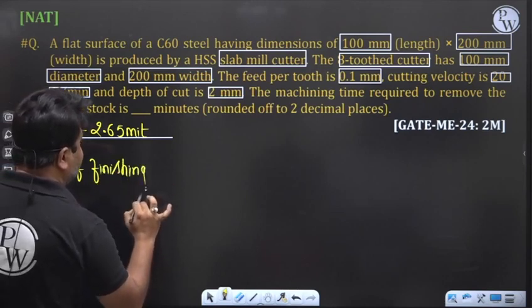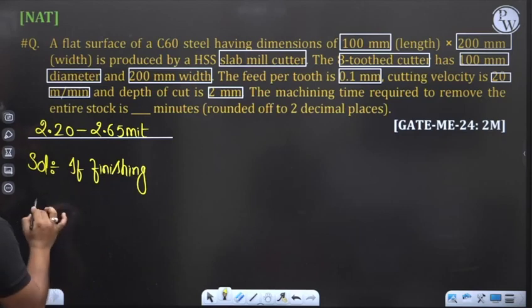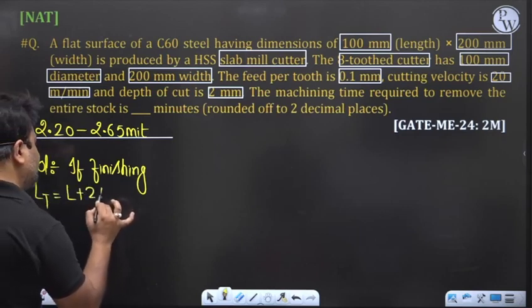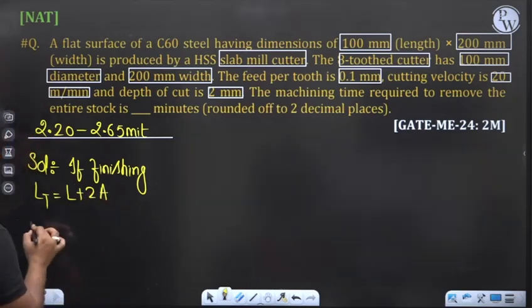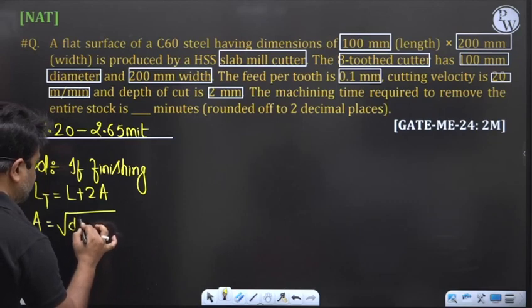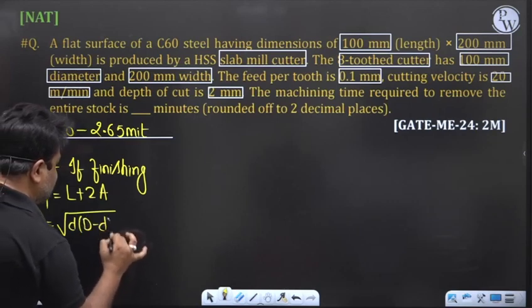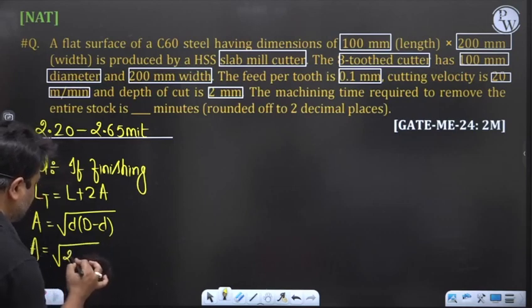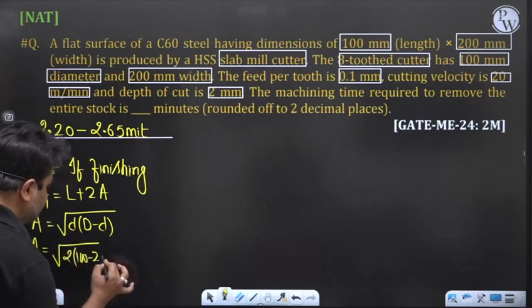if there is finishing, then the total length of machining is L plus 2A, and A is the root of D times d, where D is 200 minus 2.